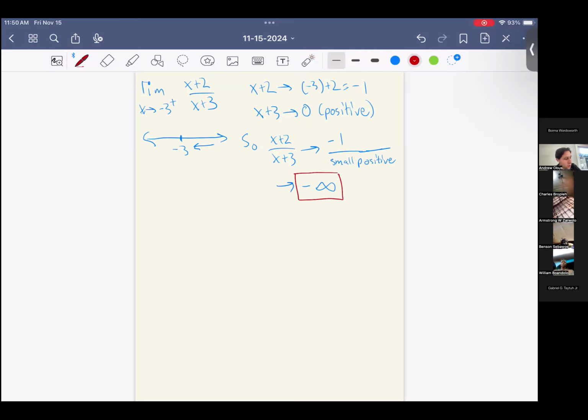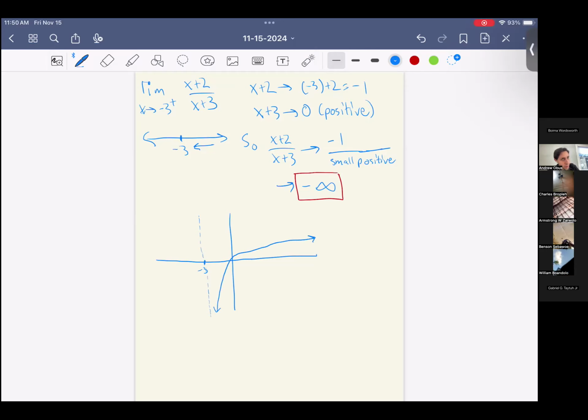So I'll actually just show you what this graph looks like roughly. We're looking at -3 over here. What it turns out the graph actually looks like is that we have what's called a vertical asymptote here. And when we go to -3 from the positive side, the function goes to negative infinity, so it's going to look something like this.